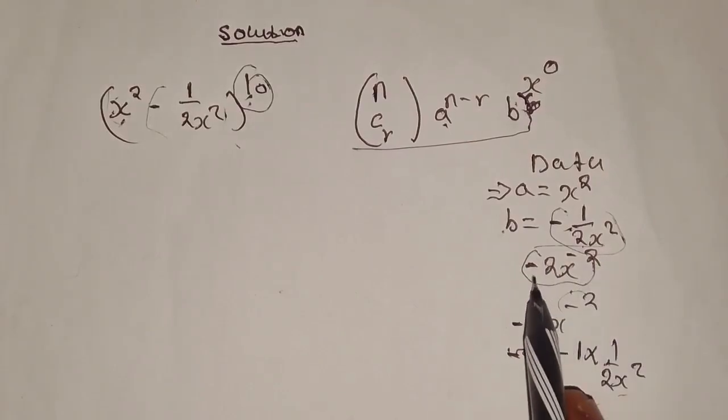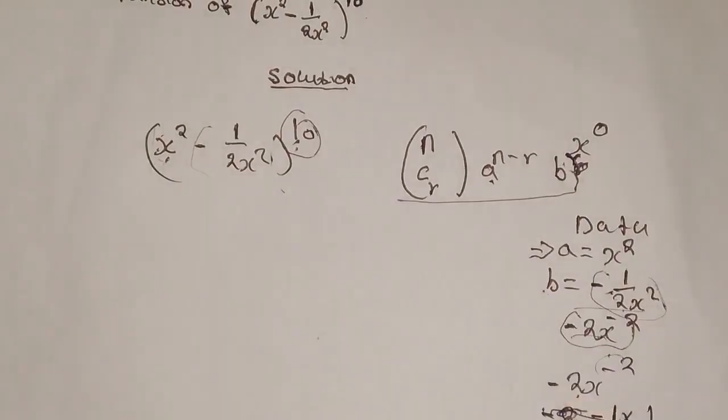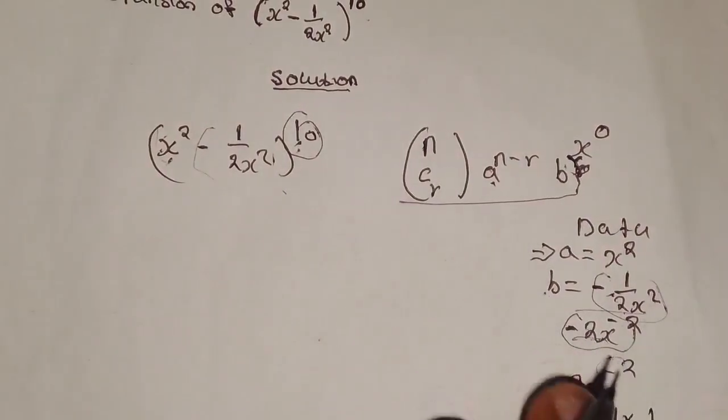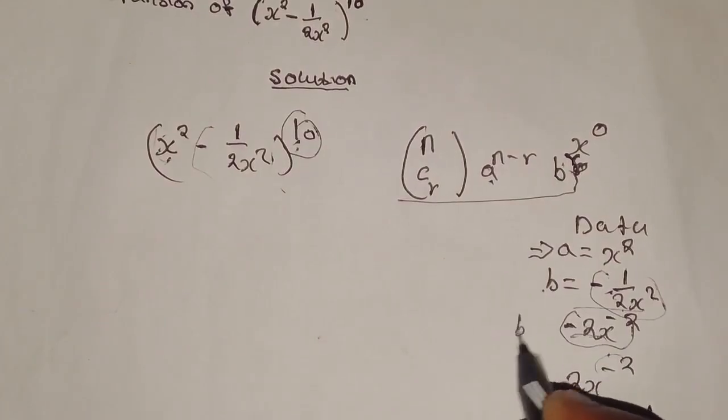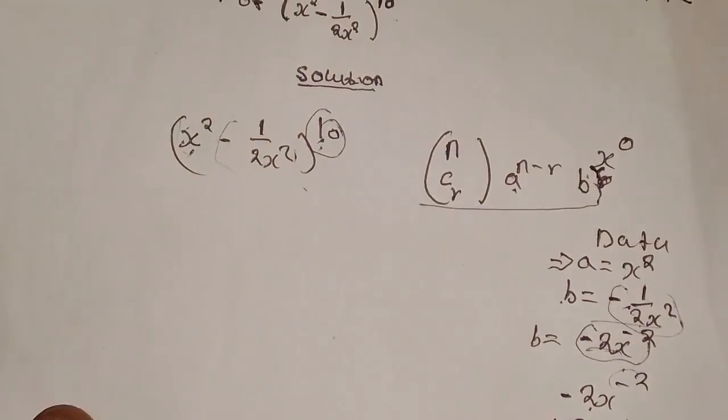So we can conclude that our b is negative 2x to the power negative 1.